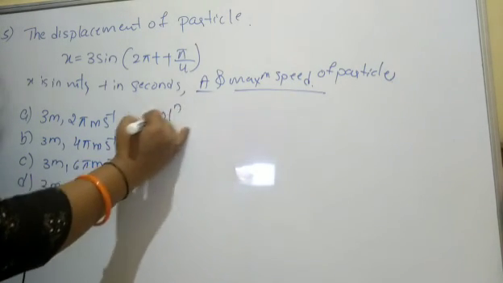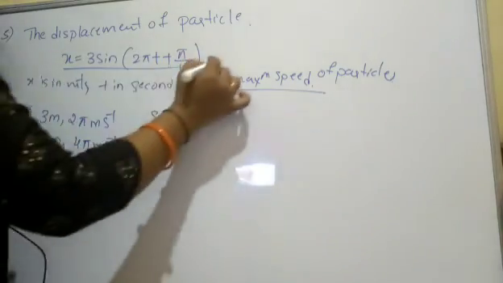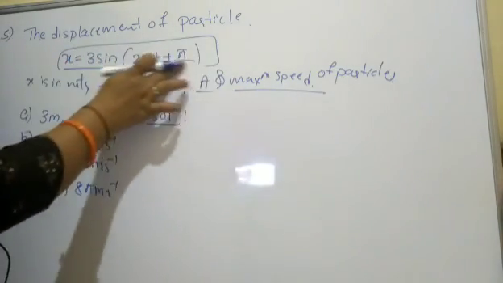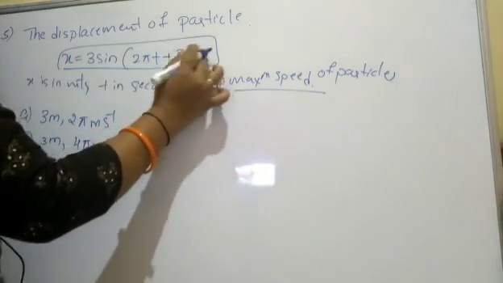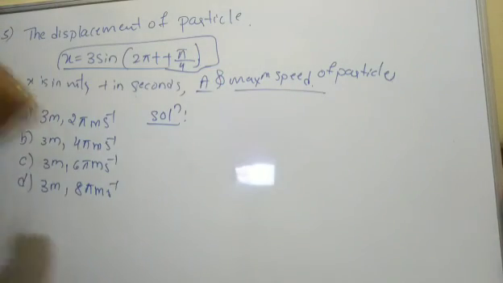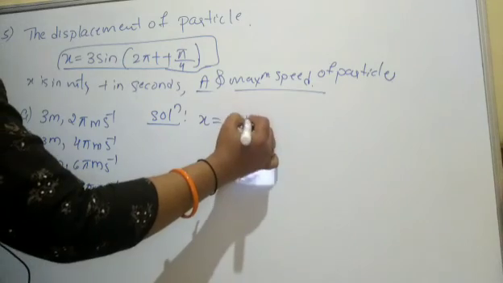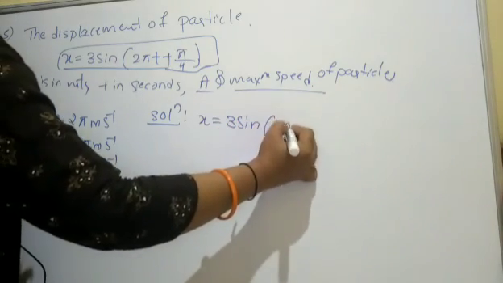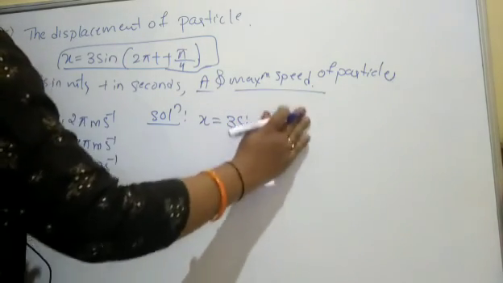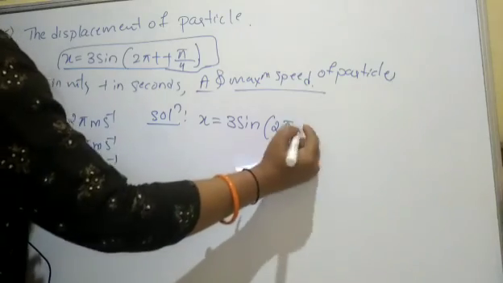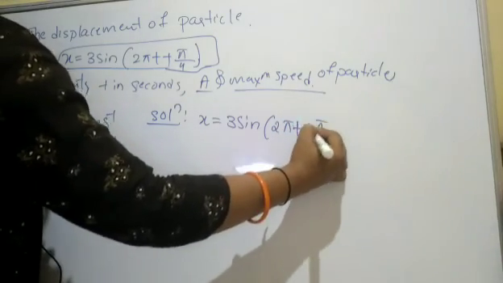Let us go ahead with the solution here. In the question, the displacement of a particle is given as x is equal to 3 sine of 2 pi t plus pi by 4.